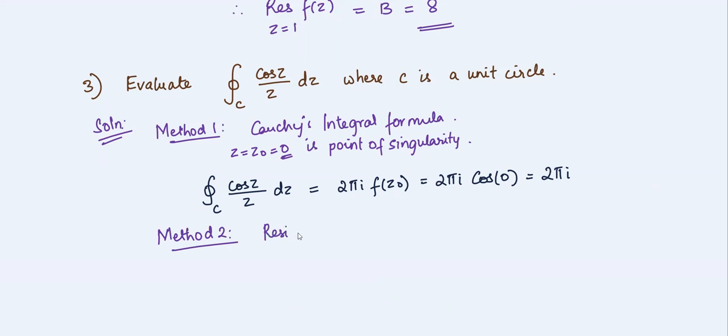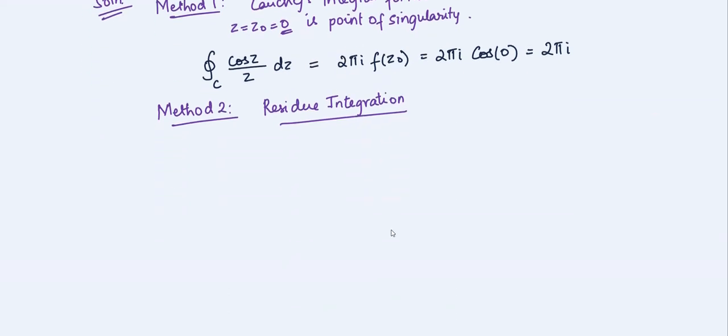Now, residue integration, or residue theorem, we will directly use. Now cos z upon z is 1 upon z times 1 minus z squared by 2 factorial plus z power 4 by 4 factorial.